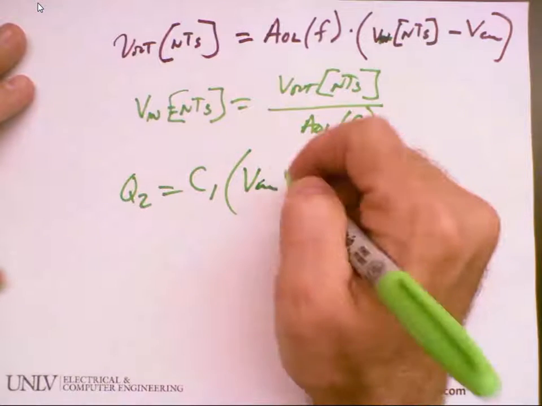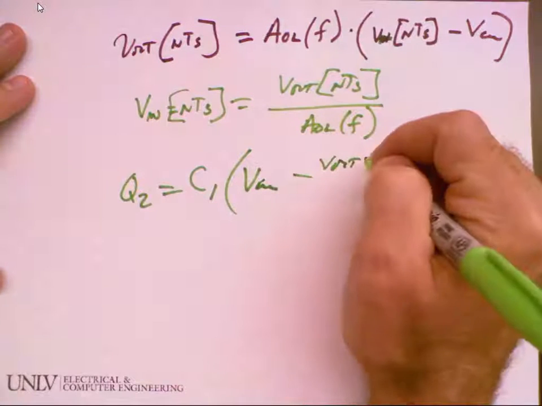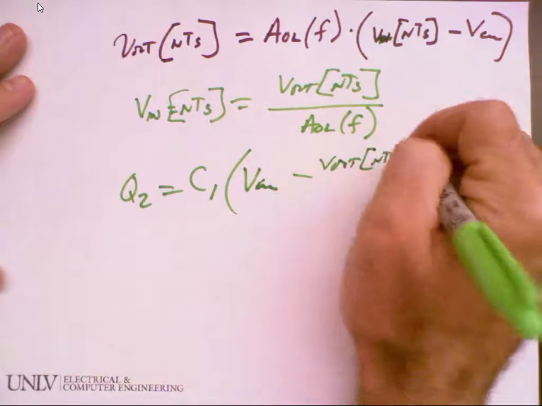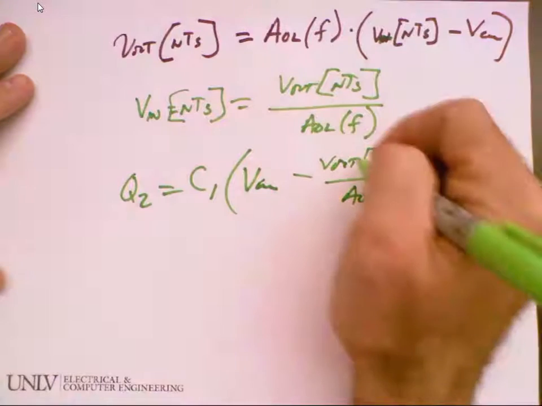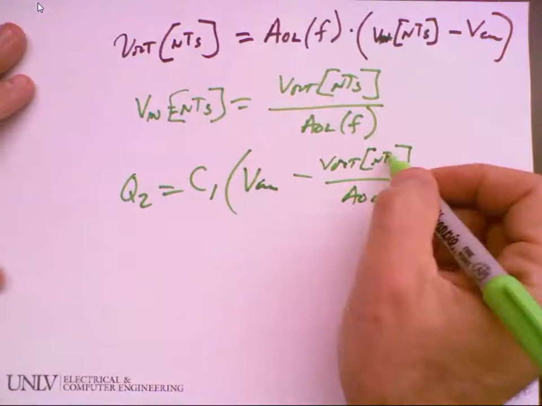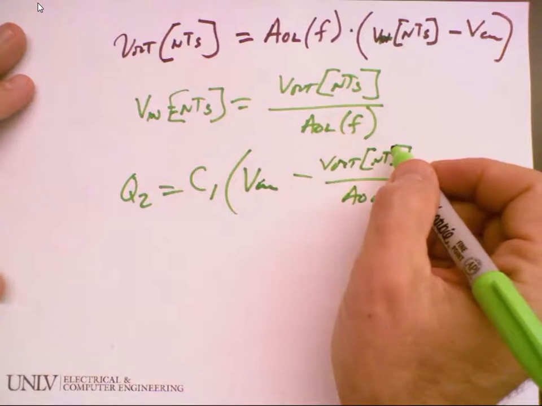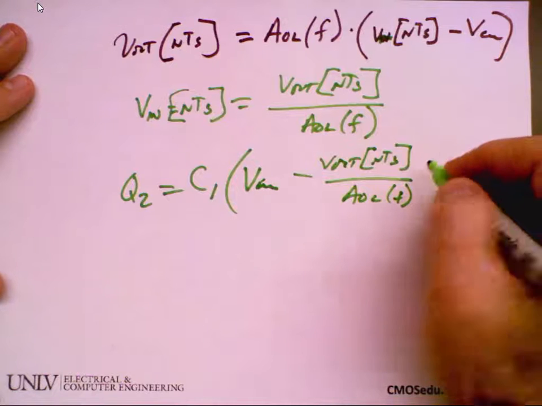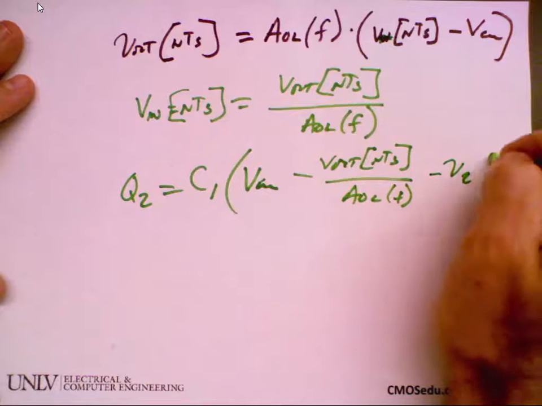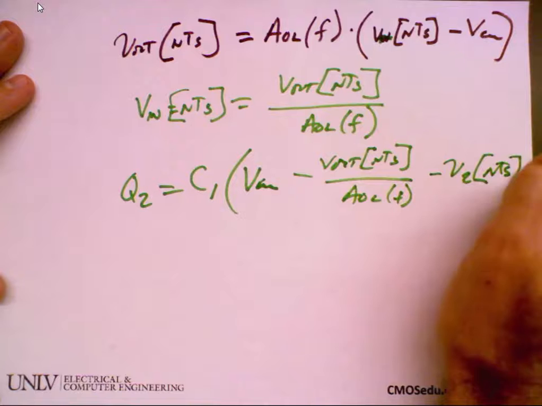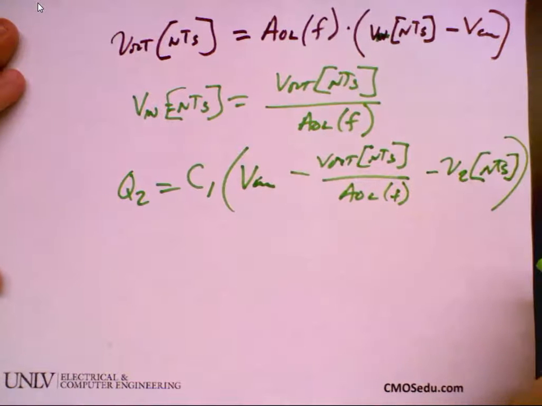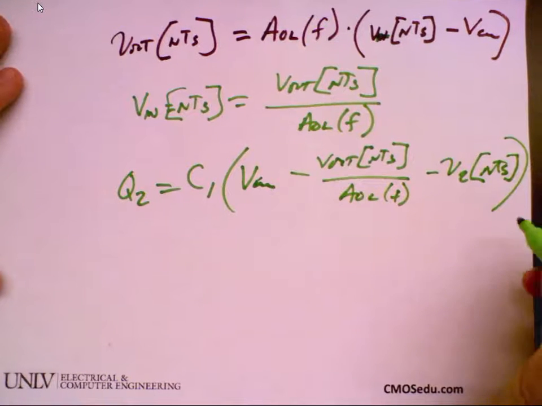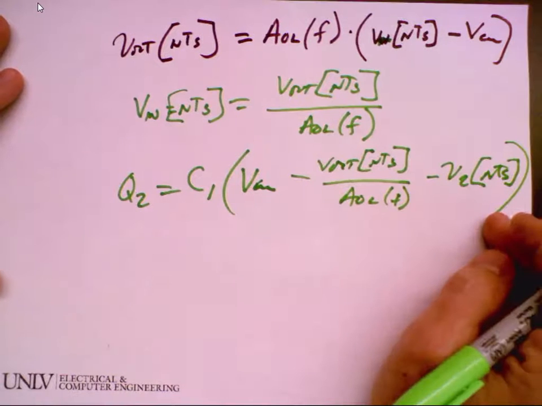I did it in the book, so this one is a little bit sloppy. This one is not with reference to VCM. And then what is this right here? This one is with reference to VCM. So you really don't need to carry it through, but just to be consistent with the book.